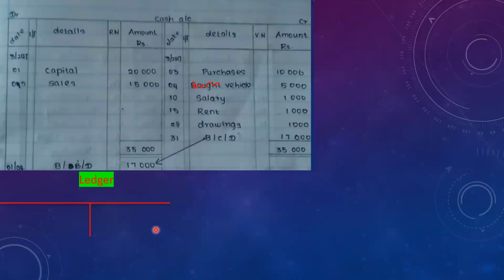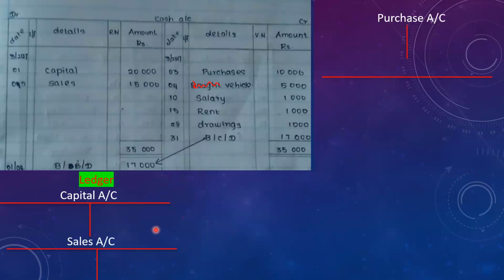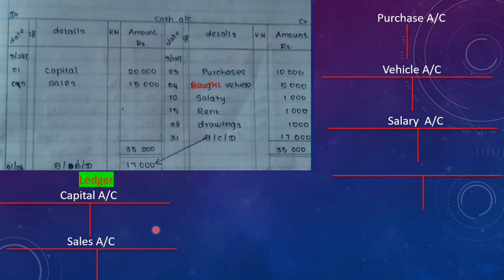Capital means capital account. Sales means sales account. Purchase means purchase account. Vehicle means vehicle account. Salary, salary account. Drawings, drawings account. Rent, rent account.